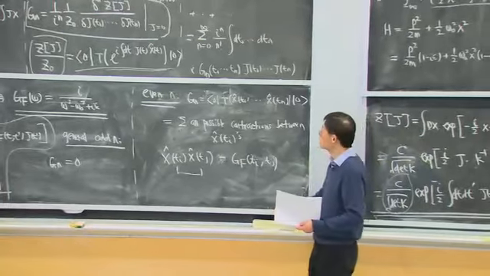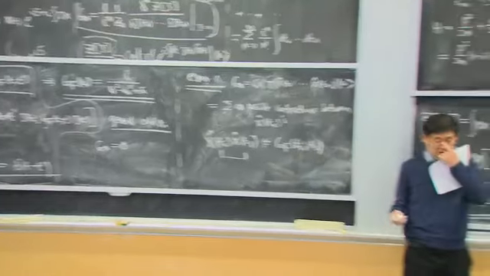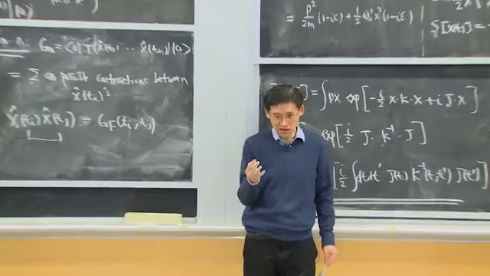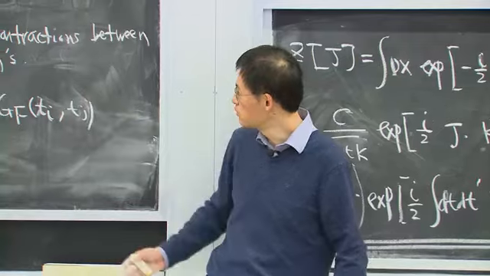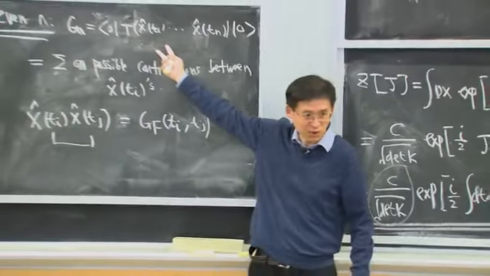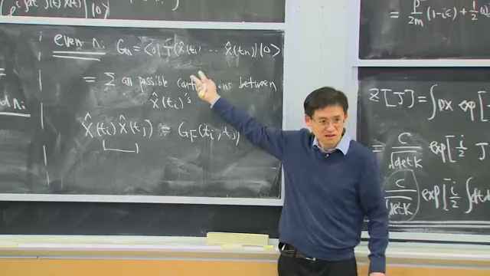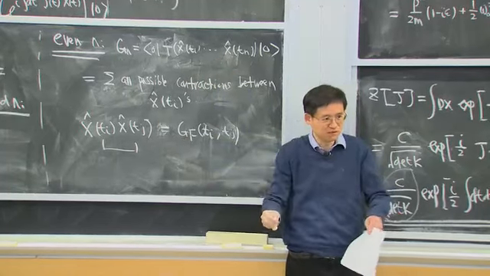And this is actually, in the early days of quantum field theory, when you don't have a path integral, non-trivial to show, because imagine if you do this time-ordered product. There are many pieces, right? If you have an n-point function, you have to write down all possible orderings between them.